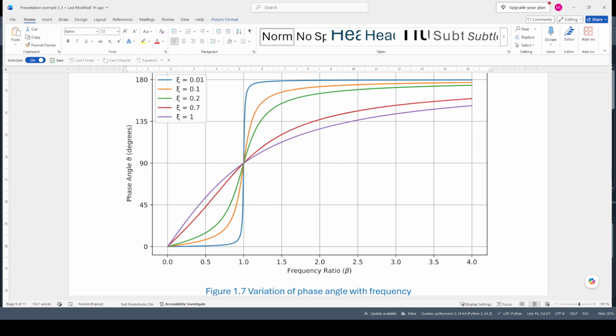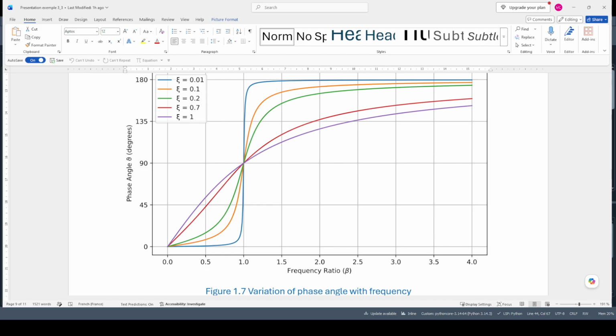The force and the displacement are in opposite directions. For frequency ratio equal to 1, the phase angle is 90 degrees irrespective of damping. The displacement attained its peak when the force passes through 0.